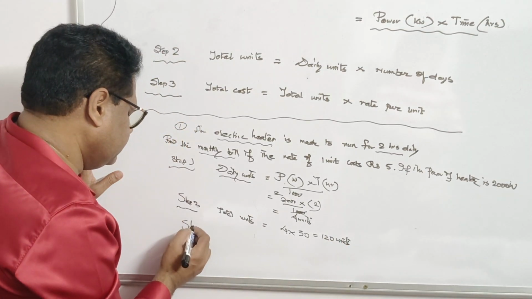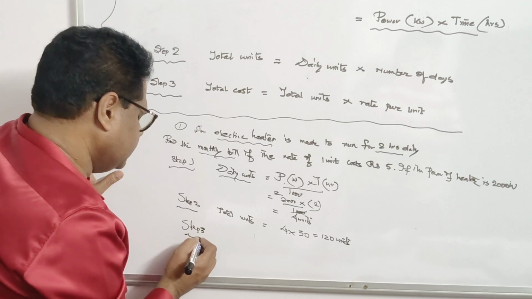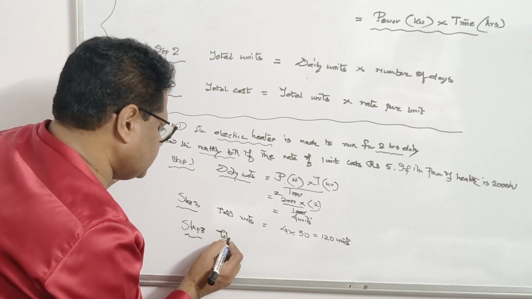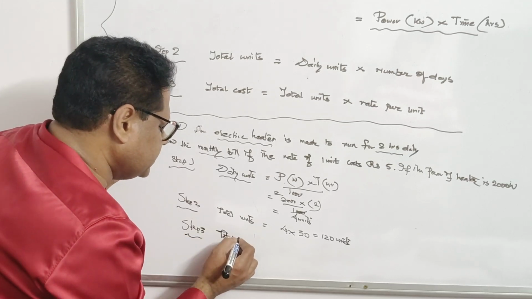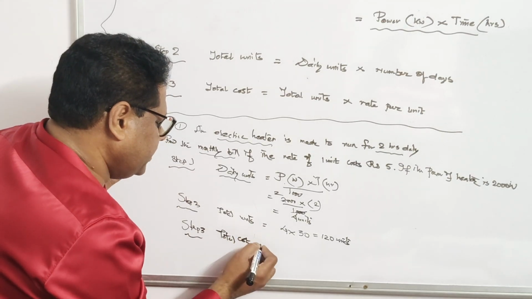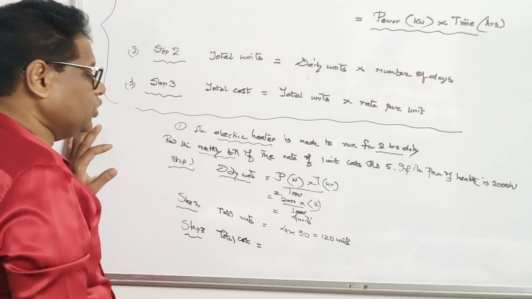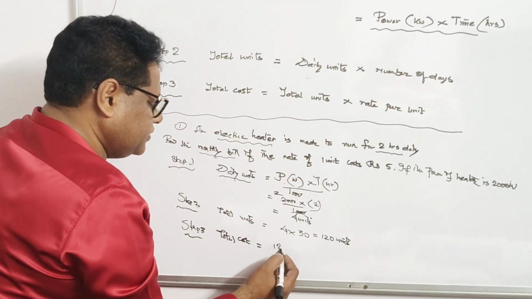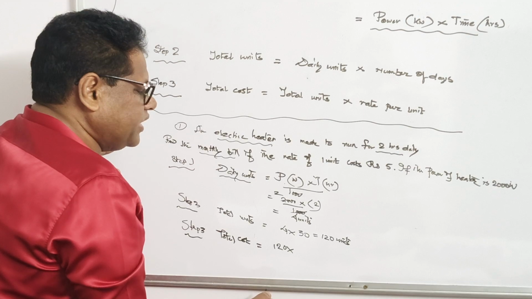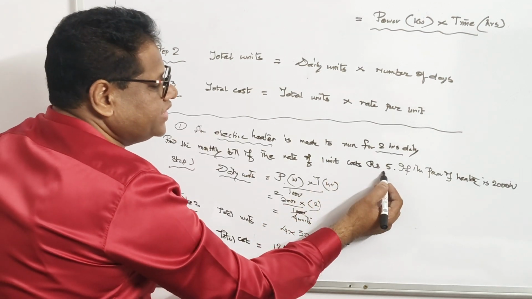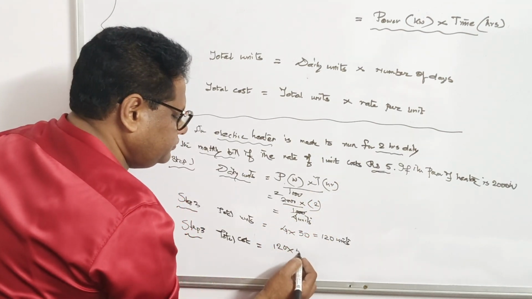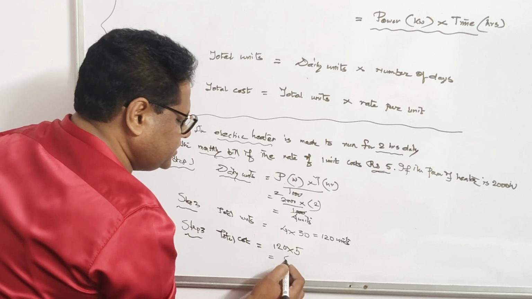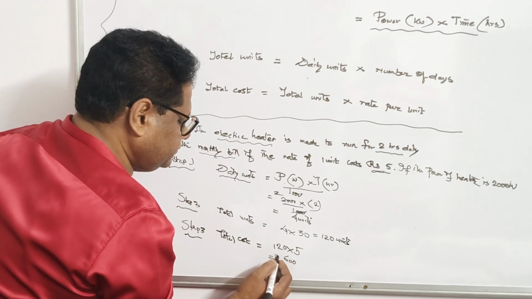Now step 3, the final step, that is you are finding the total cost. What is the bill you are paying in rupees? So total cost, applying this formula, total units we got 120 units multiplied by the rate, that is 5 rupees. Okay. So the answer is rupees 600.